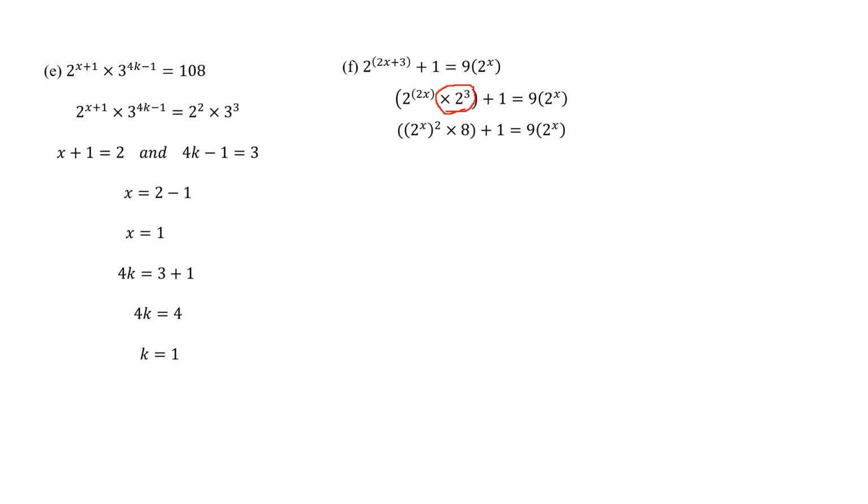Why? Because when you look at the right hand side of the equation, there is also another 2 power x there. So I'm going to let this 2 power x be equal to some unknown. So I let m be equal to 2 power x. Now where there has been 2 power x, I'm going to write m.